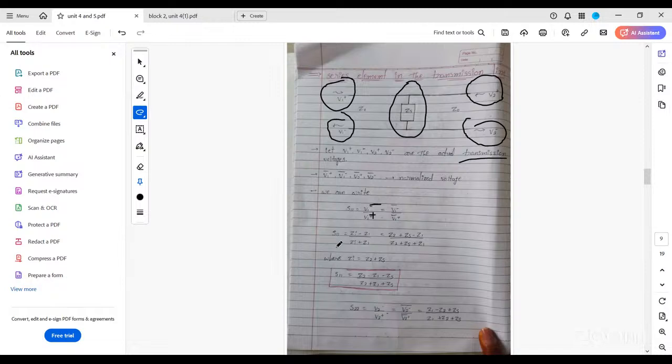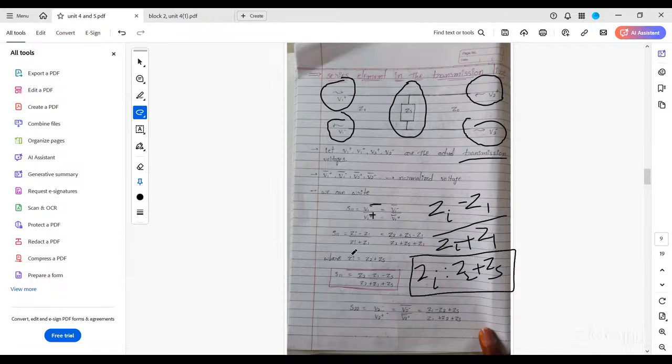What is S11? Zi minus Z1 by Zi plus Z1. Here I am substituting the Zi value. What is the Zi value? Zi equal to Z2 plus ZS is substituted. After substitution, we got the S11 value as well as the S22 value. What is the difference between the S11 and S22 values? In the S11 value, Z2 minus Z1 is written, whereas in S22, Z1 minus Z2 is written.